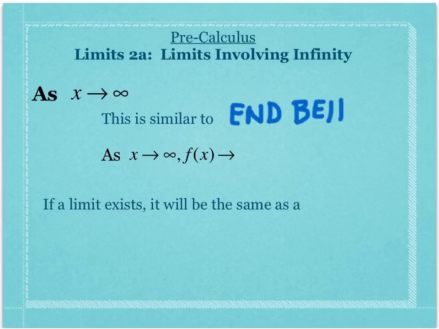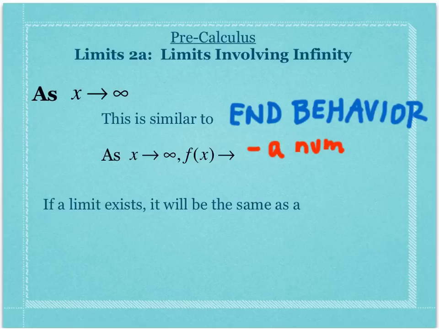And the notation for end behavior is written down here. Remember we said as x approached infinity, f of x approaches, and then we're not sure what that is. Maybe it might be a particular number, maybe it could be infinity, that type of thing. So I'm going to put this could be a particular number, and we'll see examples of that.